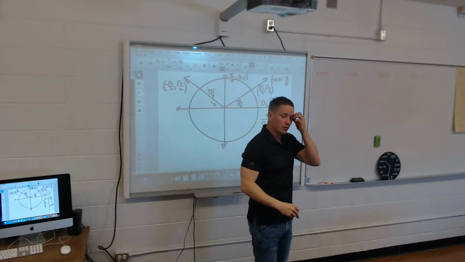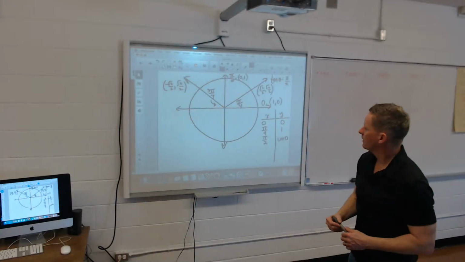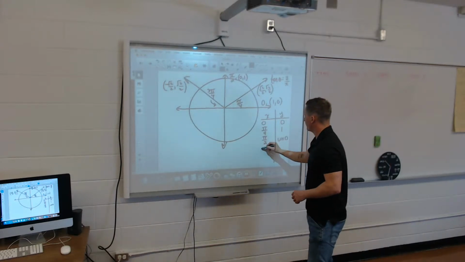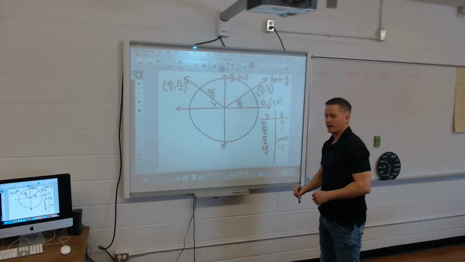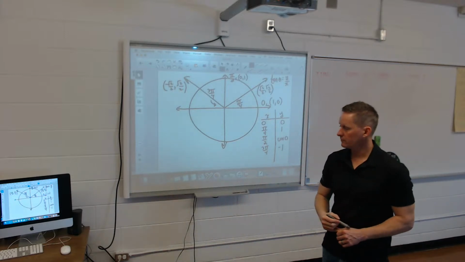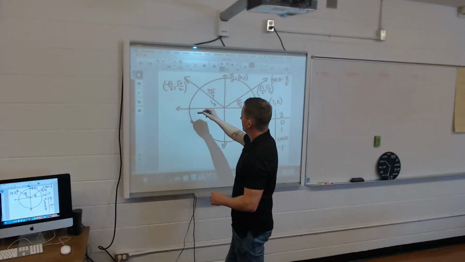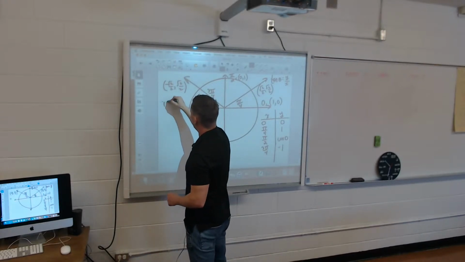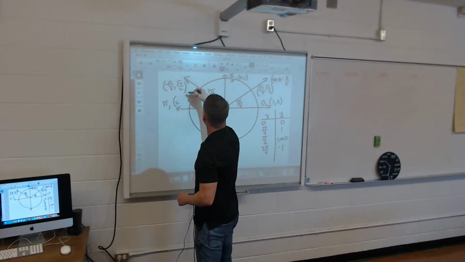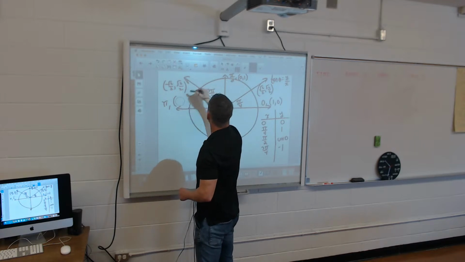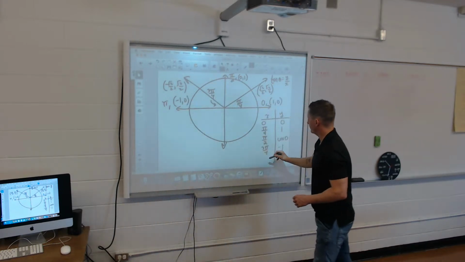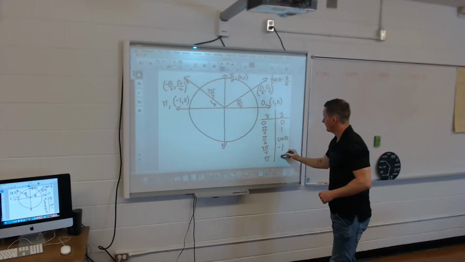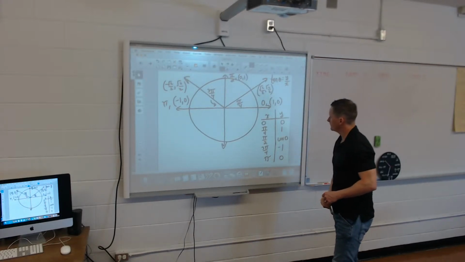I have negative root 2 over 2 and root 2 over 2. So now when I take the tan value of 3 pi over 4, it's negative 1. Then I go to 180 or pi degrees. And at pi, I'm back to 0.